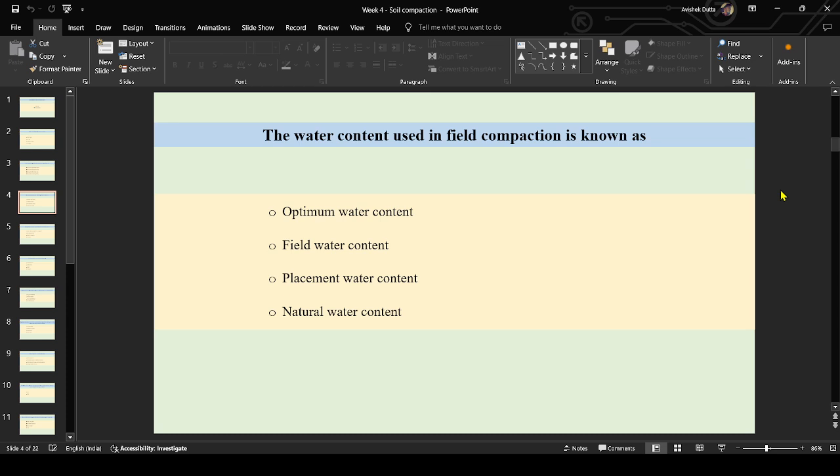I repeat the question. The water content used in field compaction is known as.